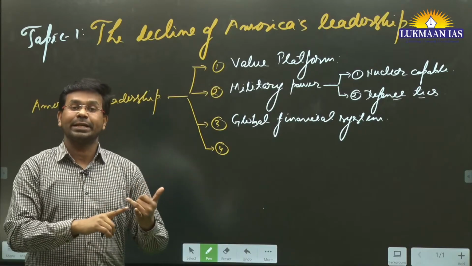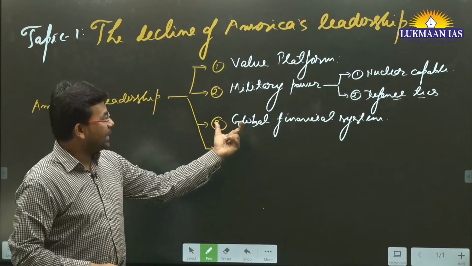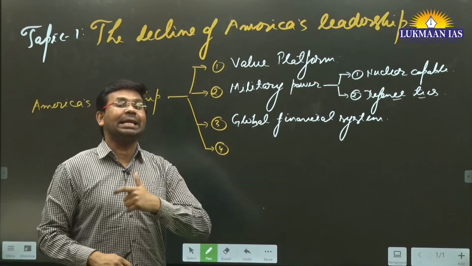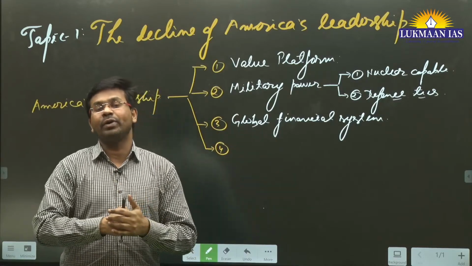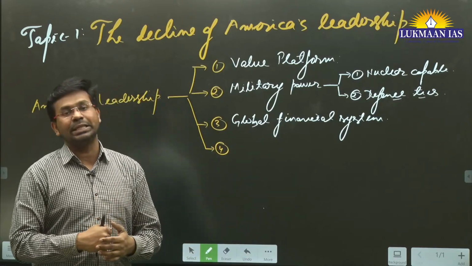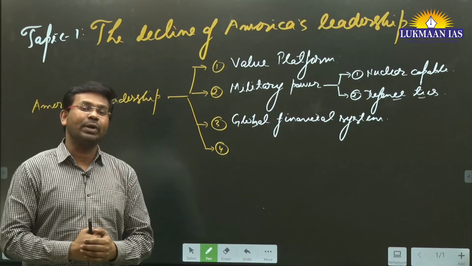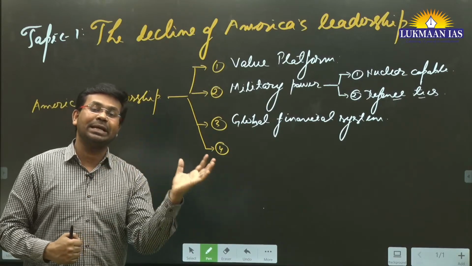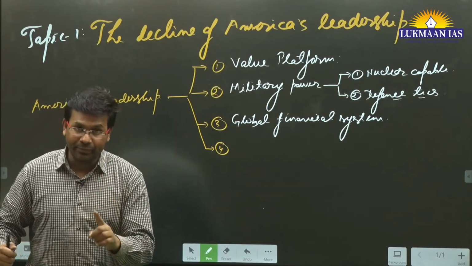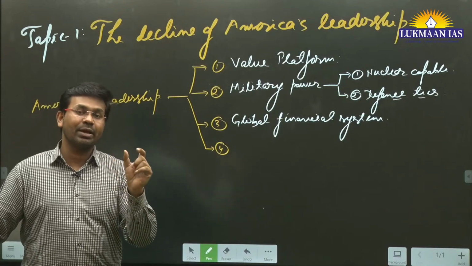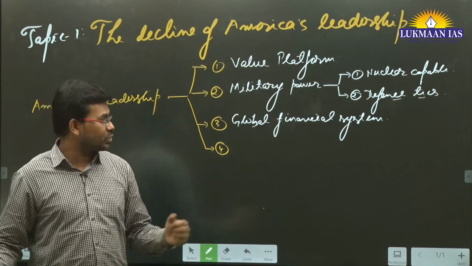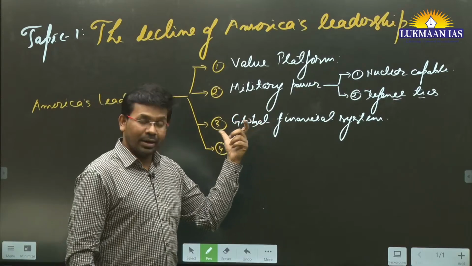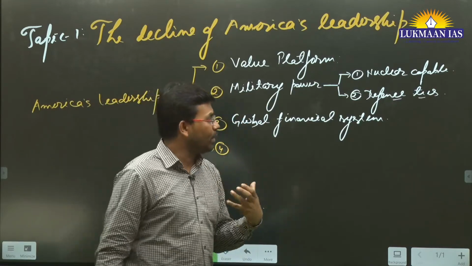When we talk about the International Monetary Fund, America has the largest share that any country has in the IMF. It has a very strong presence in the World Bank and in other multilateral financial institutions. Even if we talk about a trade organization like the World Trade Organization, America has a strong presence there too. So America plays a key role in the global financial system.